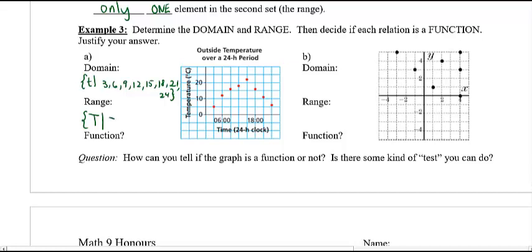Maybe like 5, I think maybe 6. I'm a little bit estimating, but you know what? You can do the same thing. 18, maybe 22. I think that's good enough. Right? Now, is this a function? For each x value, is there only one y value? The answer is yes. Good.